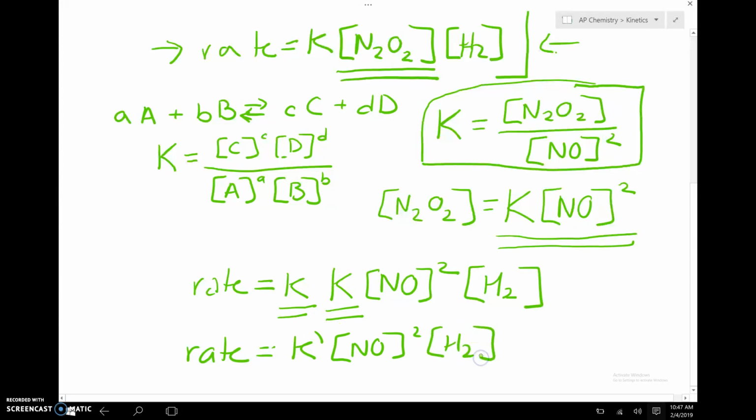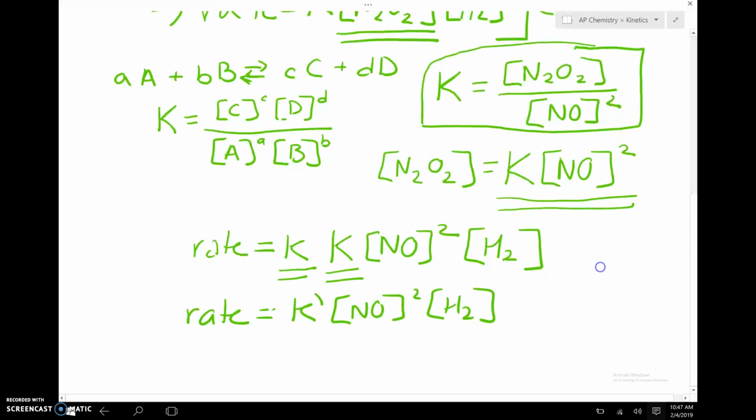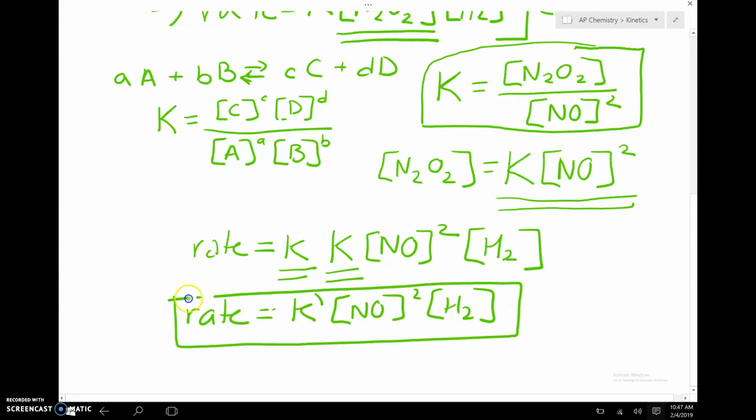For the theoretical understanding on why we can combine our K's, you can read the section in the book, but I think it's beyond the scope of our course and we don't necessarily have to have that theoretical understanding at this time. What we need to know is, hey, if I have 2 K's next to each other, I can combine them, and ultimately my rate law for this reaction is K concentration of NO squared H2.